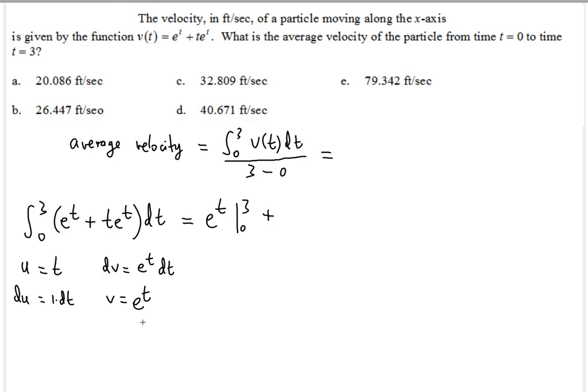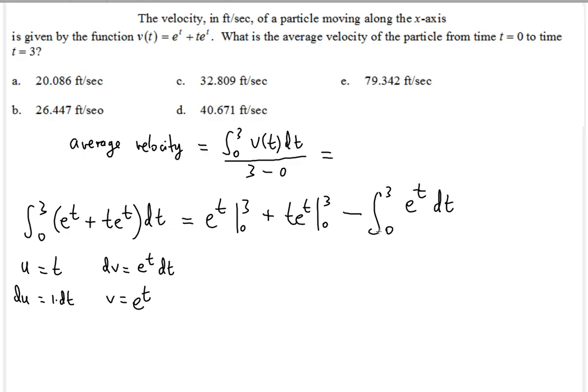So now we know the formula is going to be u times v. So we can write that down, t e to the t, evaluated from 0 to 3, minus the integral of v du. So that's going to be minus the integral from 0 to 3 of e to the t dt.